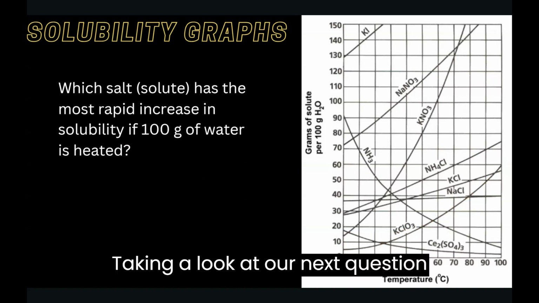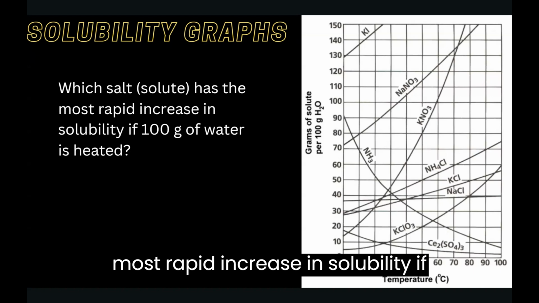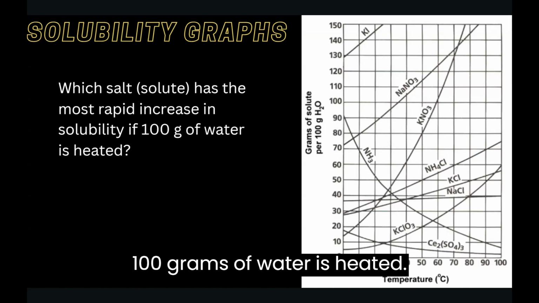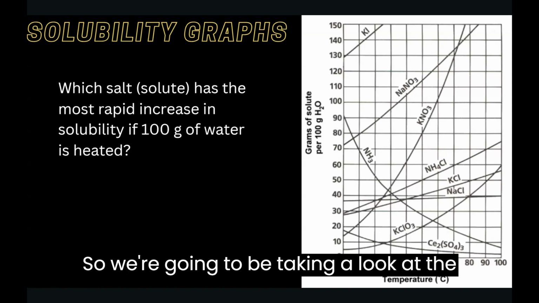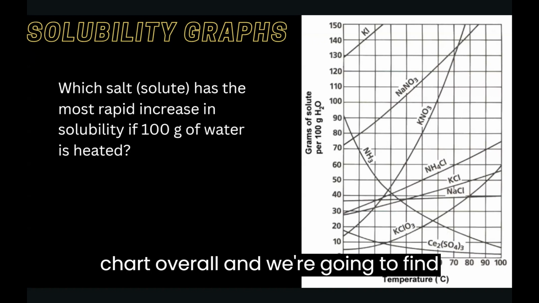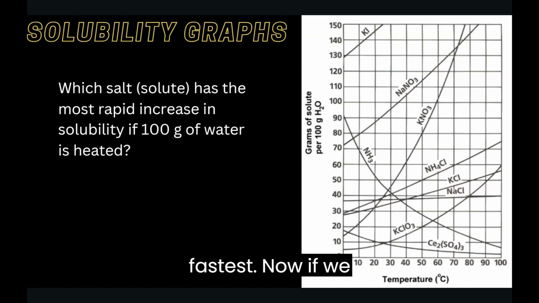Taking a look at our next question. It's asking which salt or solute has the most rapid increase in solubility if 100 grams of water is heated. So we're going to be taking a look at the chart overall, and we're going to find whichever line is increasing the fastest.